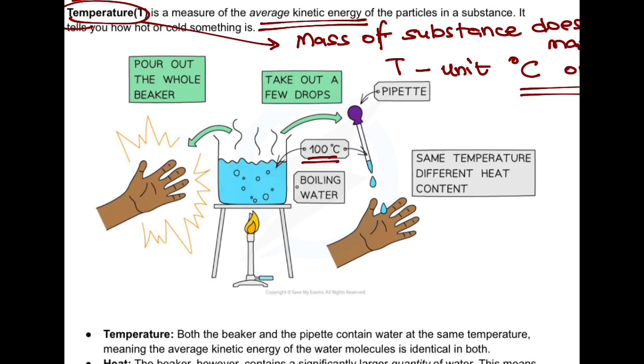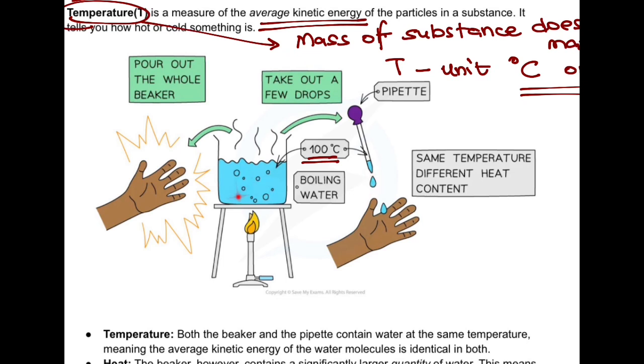If the whole beaker spills on your hand, it transfers a large amount of heat to the skin, which causes severe burn. But here, because you have a small drop of water, the amount of heat that transfers to your hand, to your skin, is much less. So the damage to the skin is much less in here than in here. But both waters are at the same temperature.